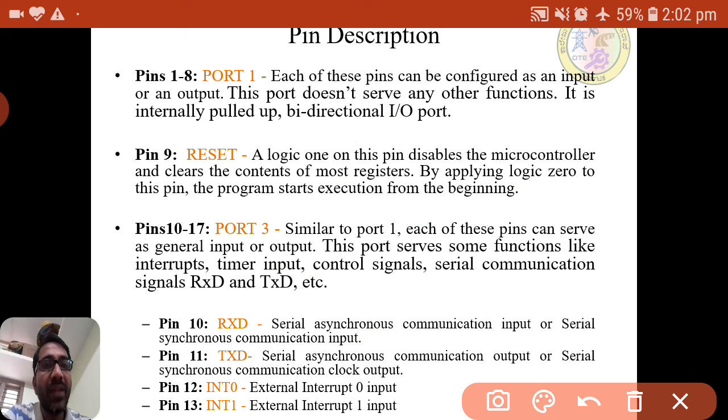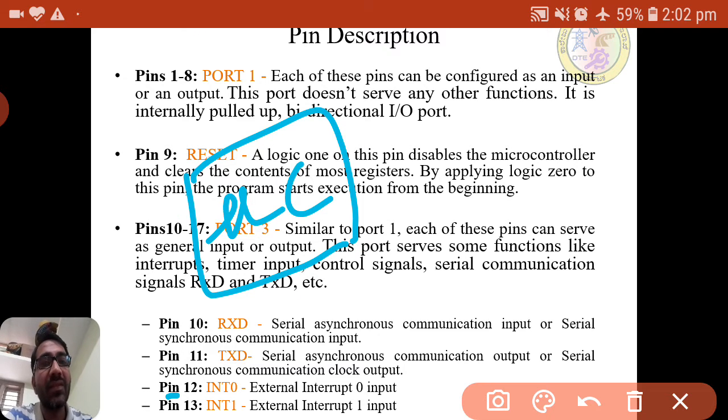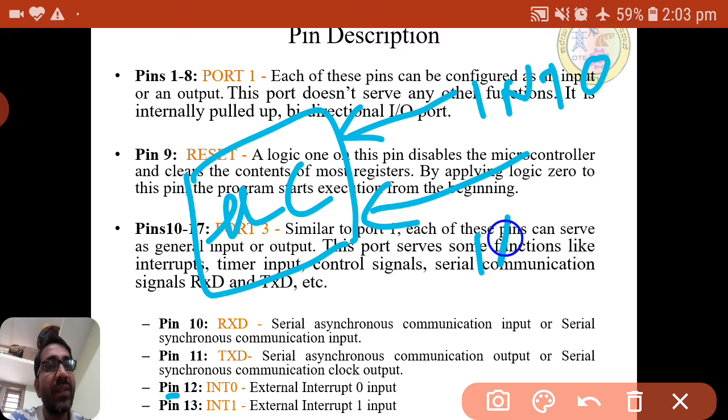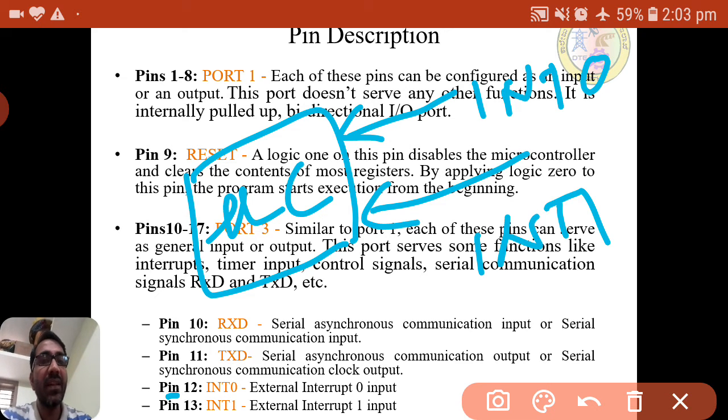Similarly, pin number 12 is external interrupt 0 input. The microcontroller has interrupt pins, and interrupts come from the outside. What is an interrupt? An interrupt is a signal that is either active low or active high, based on the bar.